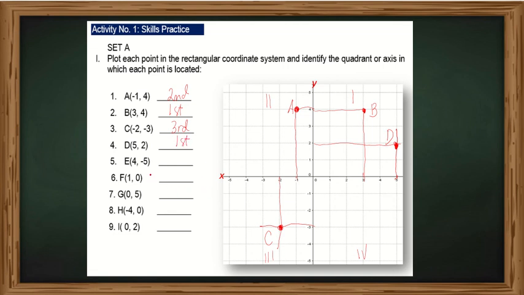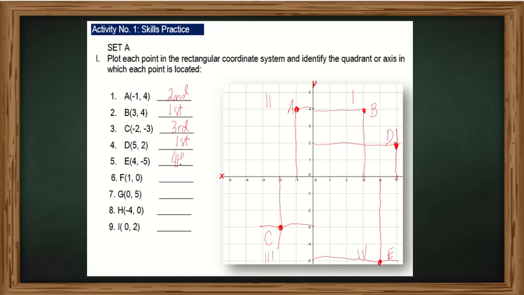Next, we have point E with coordinates +4 and -5. So 4, draw vertical line. Then we have -5, draw horizontal line. This is the intersection. Then point E is located at quadrant 4.